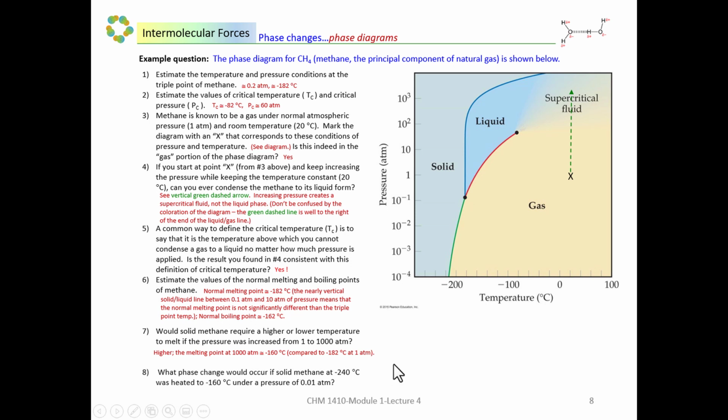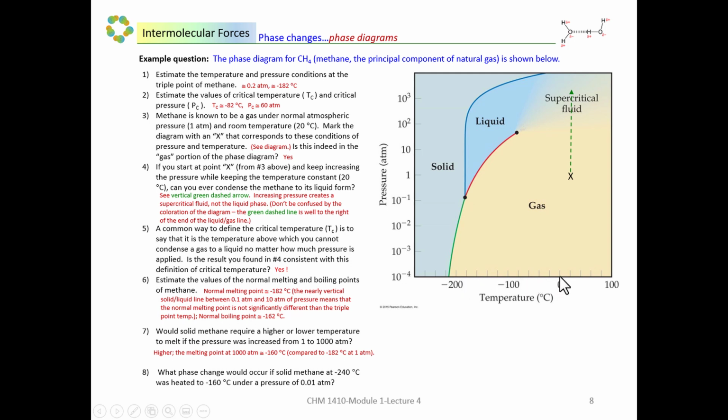Finally, what phase change would occur if solid methane at minus 240 degrees C was heated to minus 160 under a pressure of 0.01 atmospheres? Well, 10 to the minus 2 is 0.01 atmospheres. Let's find minus 240 degrees C. The scale is a little hard to read here.